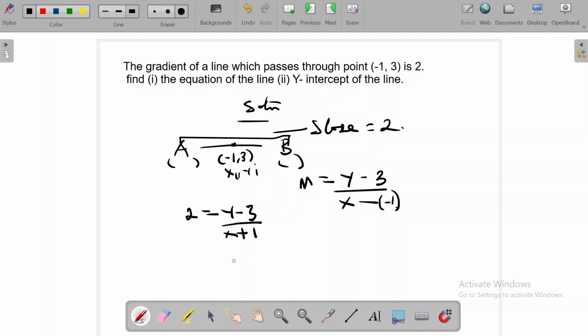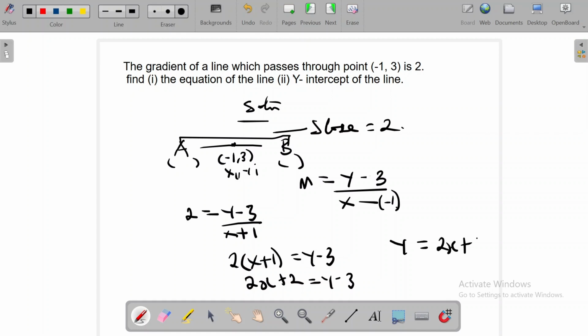If you cross multiply to make y the subject of the formula, you get 2 into bracket x plus 1 is equal to y minus 3, which becomes 2x plus 2 is equal to y minus 3. So y is equal to 2x plus 2 plus 3, which becomes y is equal to 2x plus 5.